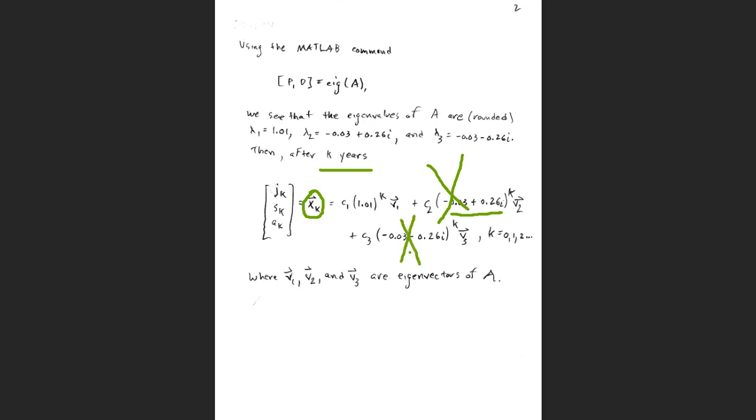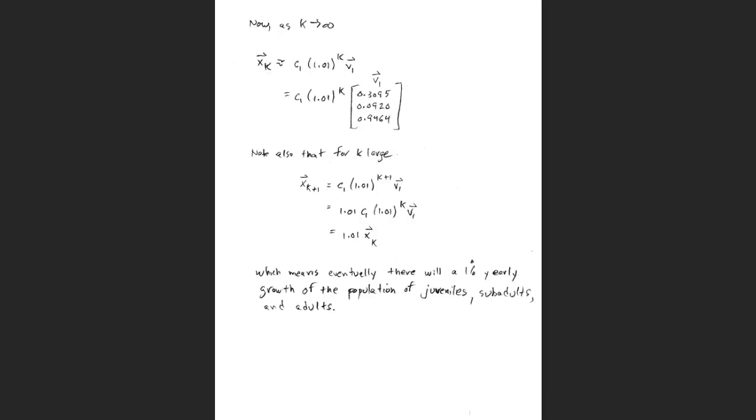So over the long run, the evolution of the population for this owl species is determined by the first term. The eigenvector that went with that first eigenvalue was this eigenvector.